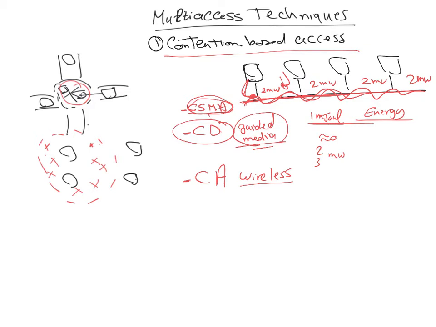So the question now is, can I actually eliminate the collision altogether? The answer is yes, and that's through what we call controlled access techniques. In controlled access techniques, I can eliminate the collision altogether.